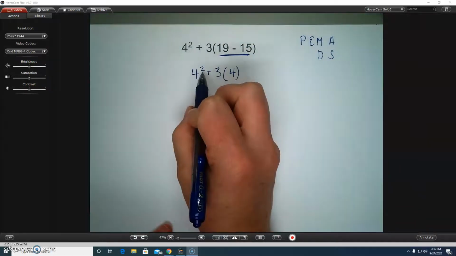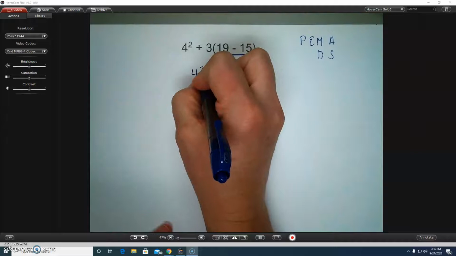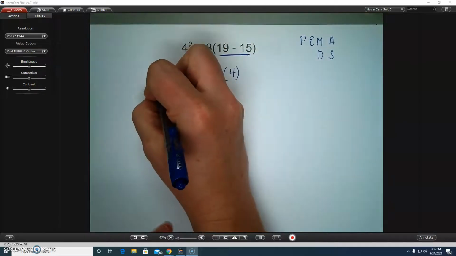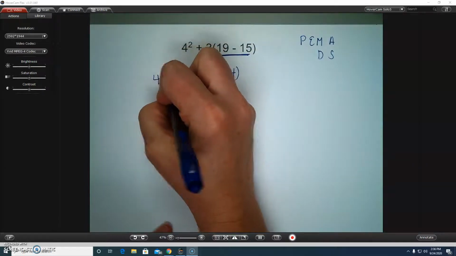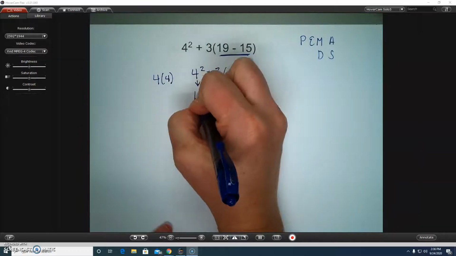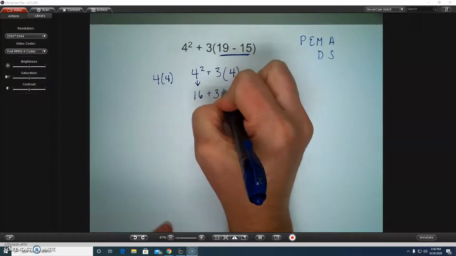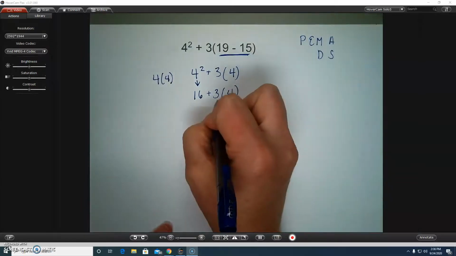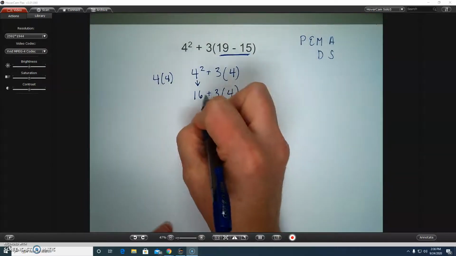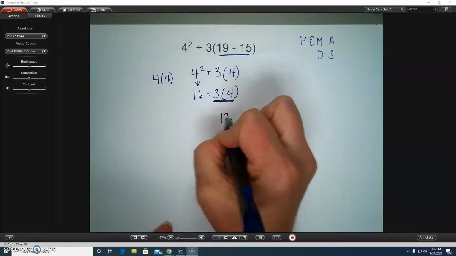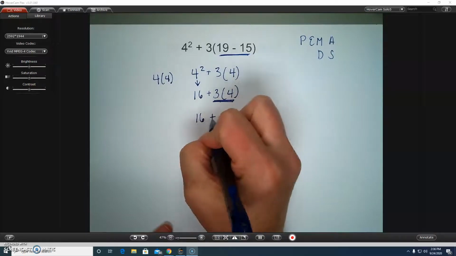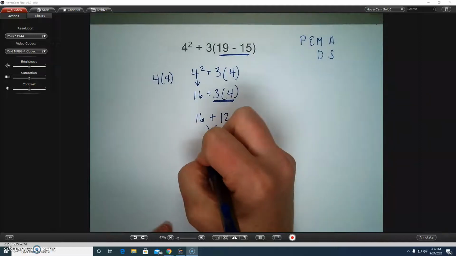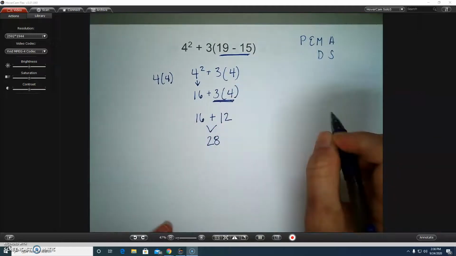I then see that I have exponents, so 4 squared means 4 times 4. So this becomes 16. I then am going to do my multiplication before my addition. Then I have 16 plus 12. When I combine those, I have 28.